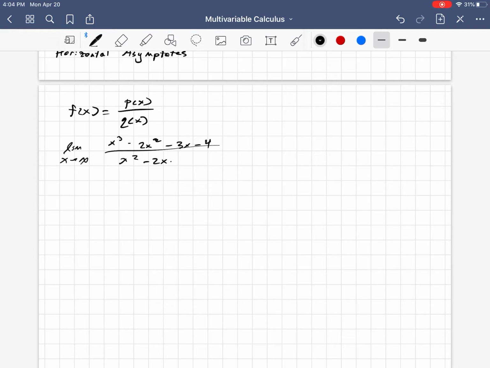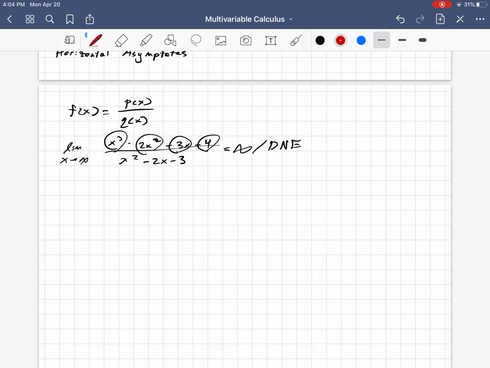As another example, let's say I had the limit as x approaches infinity of x cubed minus 2x squared minus 3x minus 4 over x squared minus 2x minus 3. What would this limit be? Just from looking at it, I know that this limit is going to be infinity or it won't exist.